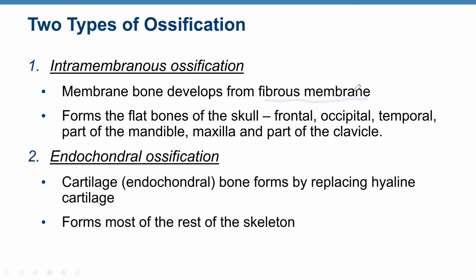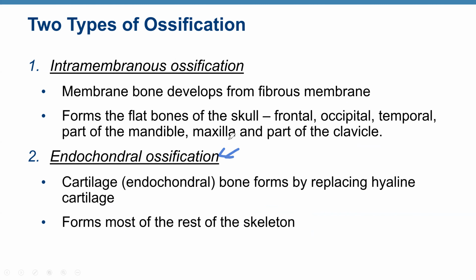Bones formed by this type of ossification are bones of the skull, including frontal, occipital, temporal, part of the mandible, maxilla, and part of the clavicle. Endochondral ossification forms bone by replacing hyaline cartilage, and most of the skeleton is formed this way. Actually, all the skeleton below the skull, with the exception of the clavicle, is formed by endochondral ossification.